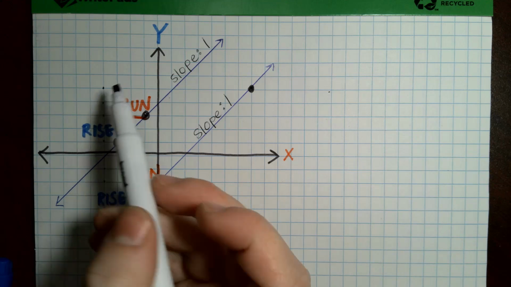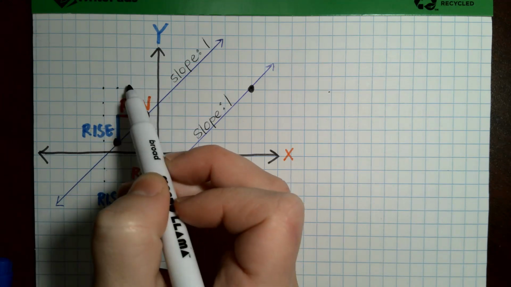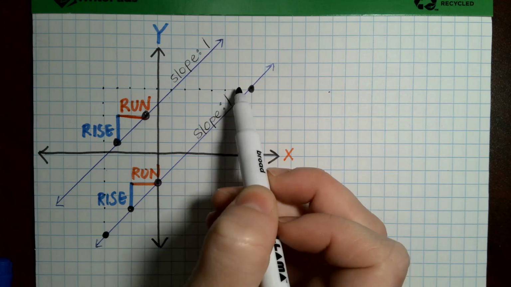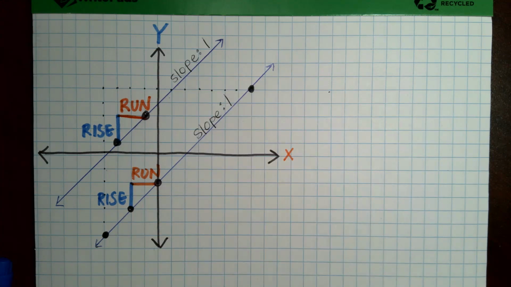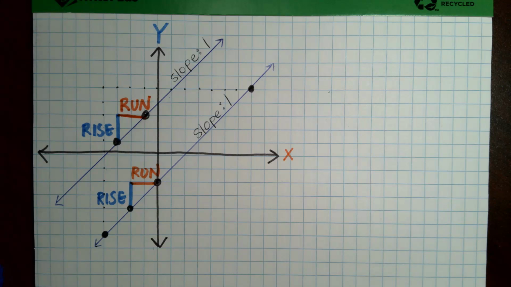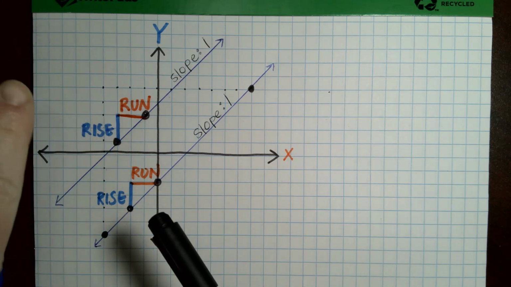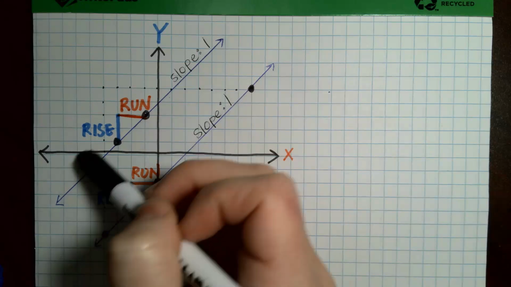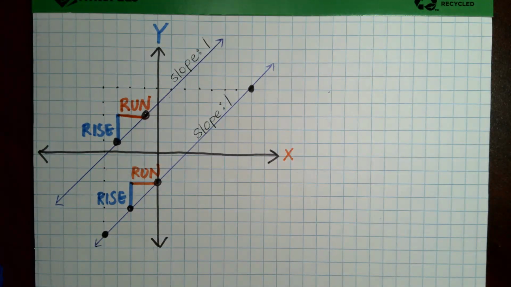And then my run is 1, 2, 3, 4, 5, 6, 7, 8, 9, 10, 11. 11 over 11 simplifies to 1. You're always going to get the same slope. Even if your numbers are different, they're going to simplify to the same thing, because our slope is just the angle that our line goes at. So these have the exact same angle here. They're going at the same steepness. That makes sense?